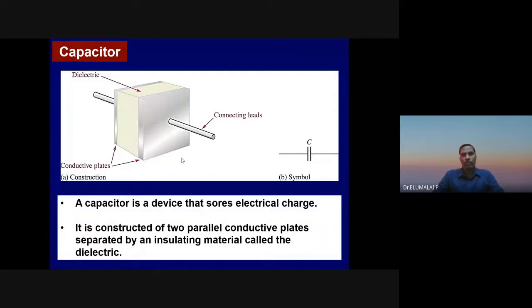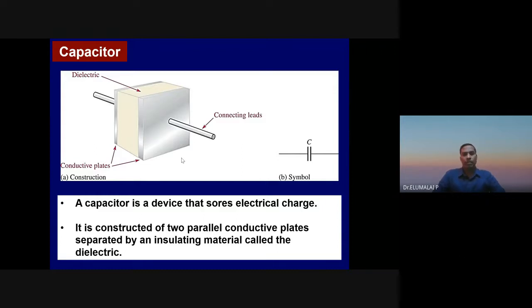Wood is an insulator. I am sure all of you will agree with me. But you take some oxide, barium titanate. Wood is not a dielectric. Barium titanate is an insulator, but I would say it is a dielectric material, because wood cannot be polarized, but barium titanate can be polarized.